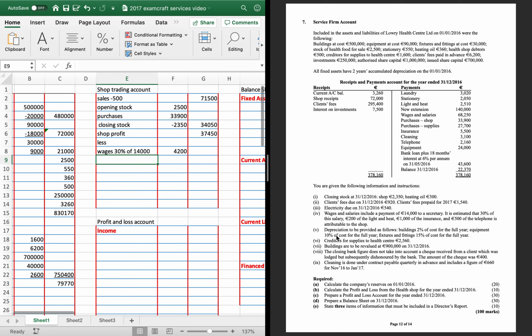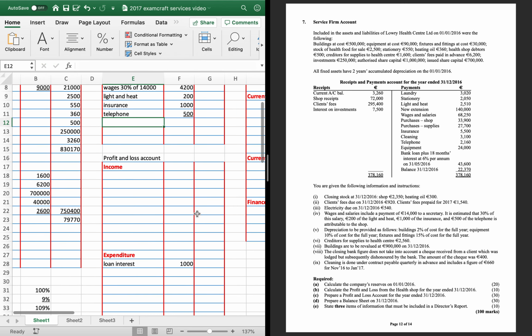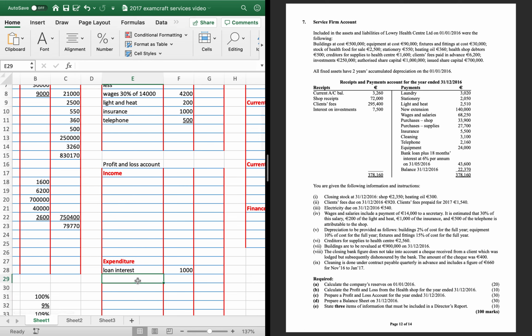Then I've got my light and heat, so 200 of that. I've got my 1,000 of the insurance and 500 of the telephone. Now, straight away, I am going to put those four things. So wages minus 4,200, because they can't go in twice.